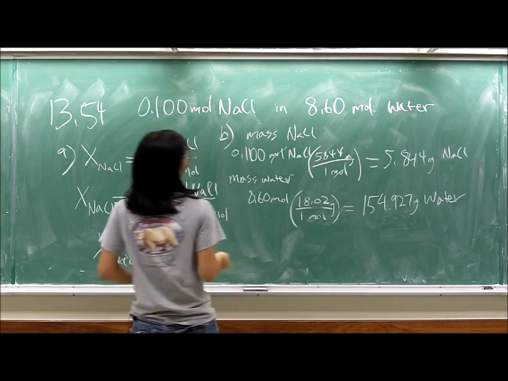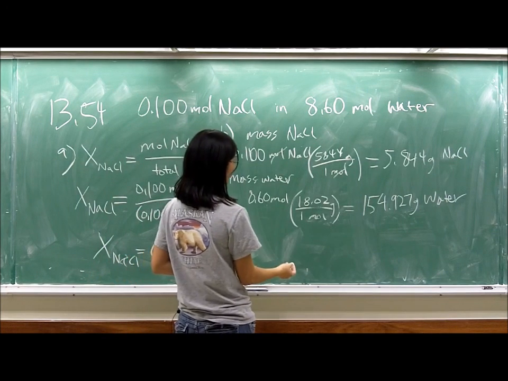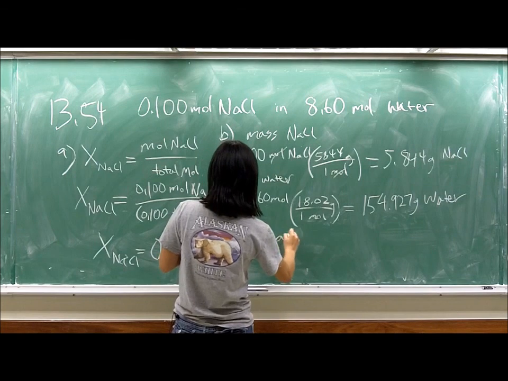To find the percent mass of NaCl, it's the mass of NaCl over the total mass.